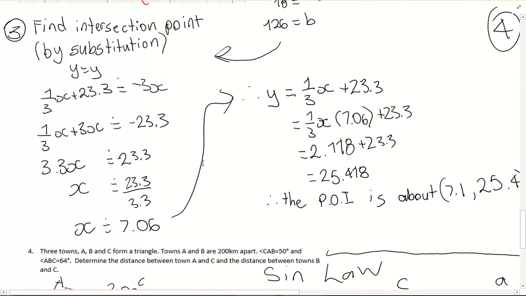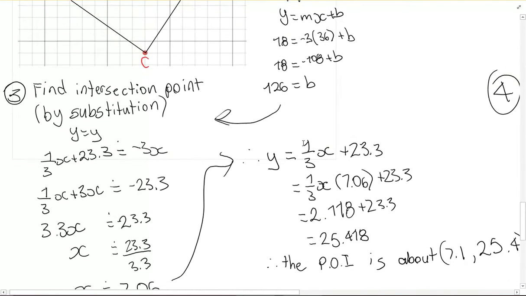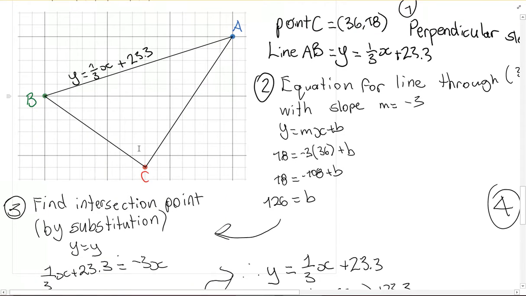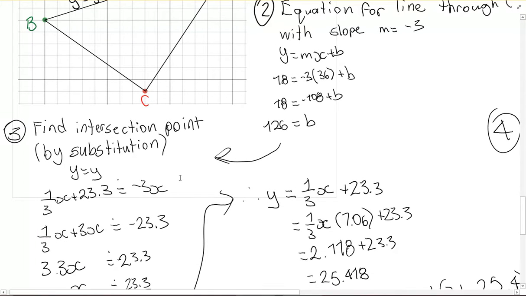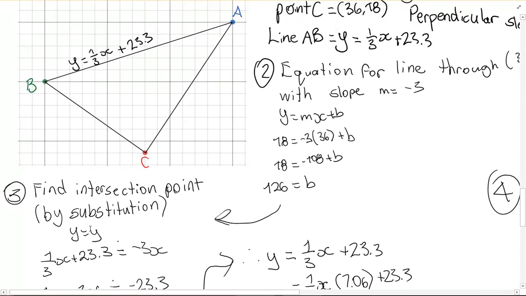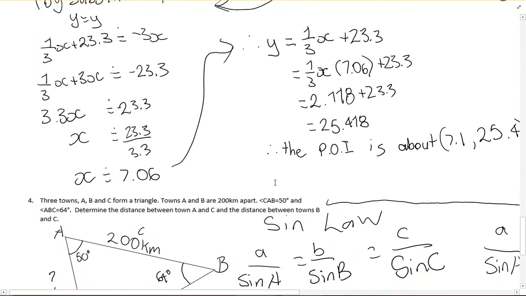So yeah, I got a POI for this question of about (7.1, 25.4), which is not all that close. I'm not sure what went wrong when I was calculating this question, but that's the answer that I got.